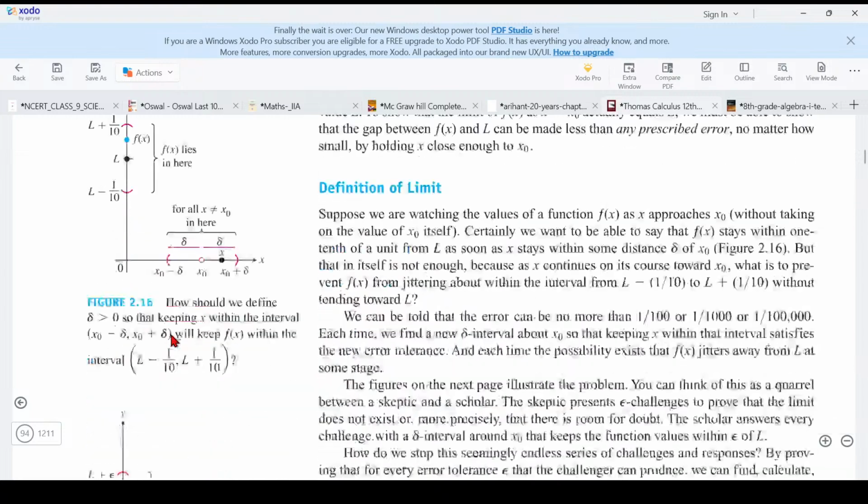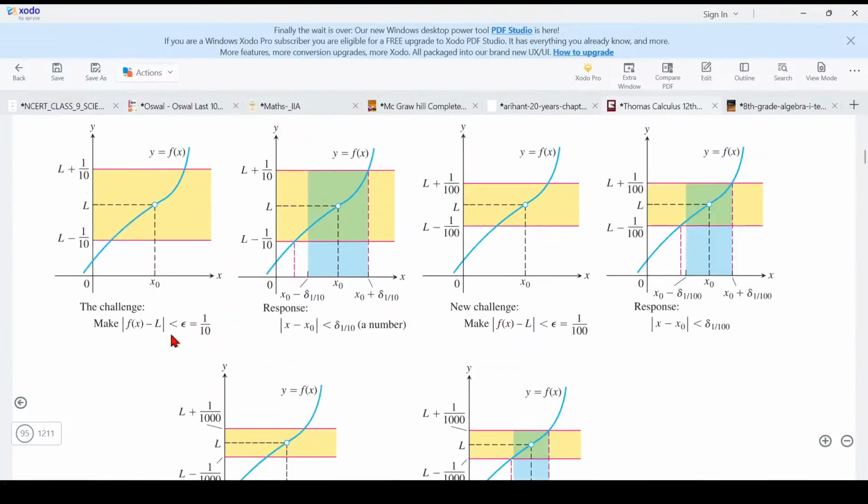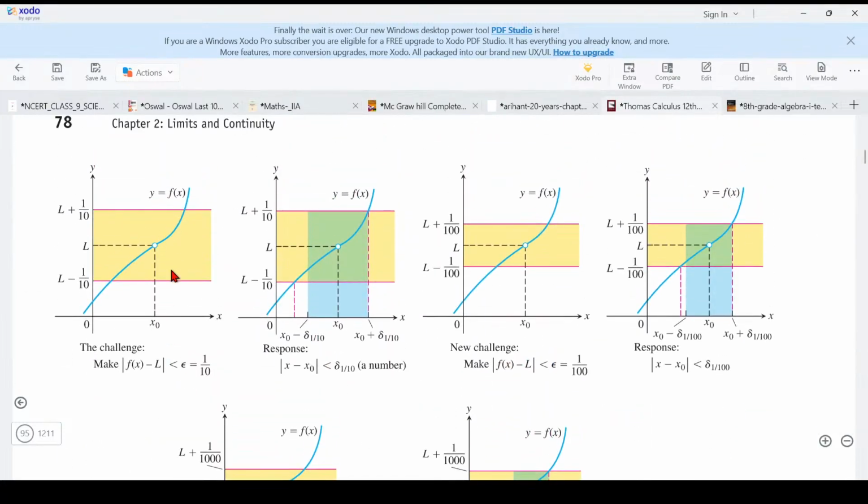Understood? This is what you will say, right? For example, you are claiming the limit is L. Then I say L plus or minus 1 by 10. Then you say, fine, x plus or minus something, you take this range. Then I'll say, okay, y within the limit plus or minus 1 by 100.